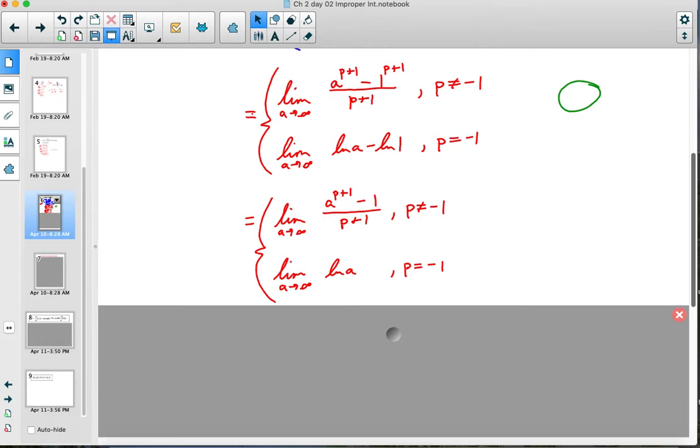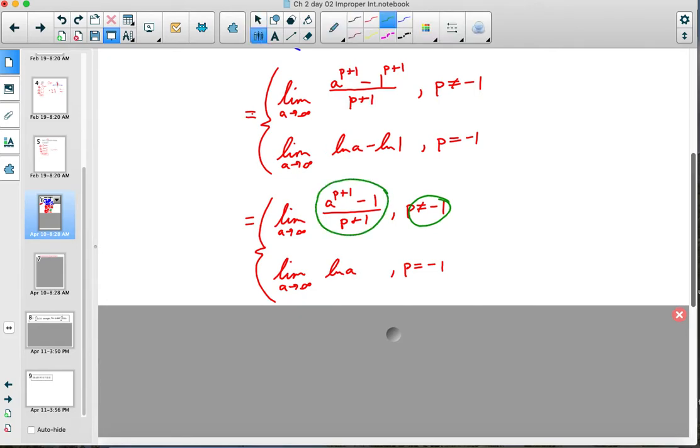Okay. Now, we've already talked about this second case here. As a goes to infinity, the natural log of a also goes to infinity. But the more interesting case is this one, when p is not equal to -1. What do we get for this expression here? What's the limit as a goes to infinity?